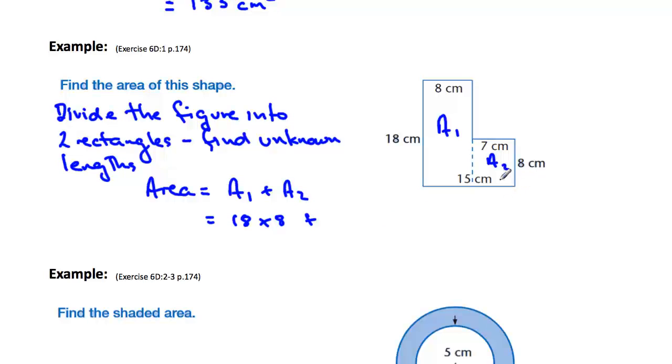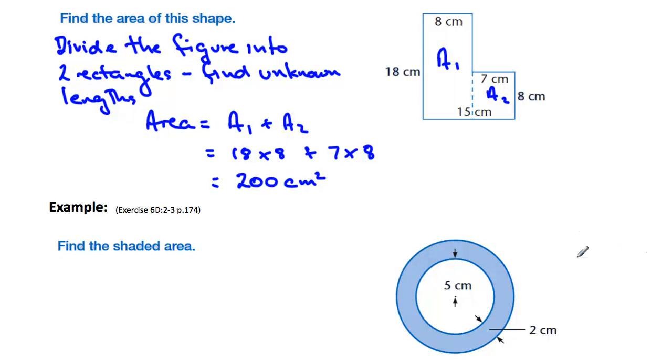And we know the other area is 7 by 8, 7 times 8. And calculate that, and you should be right. We've got 200 centimetres squared. Check the answer and just make sure that you can get that right as well.